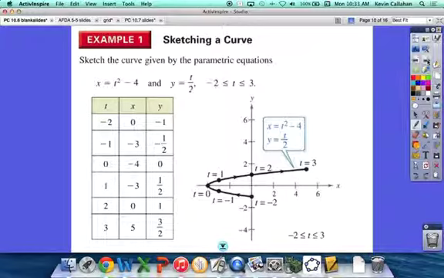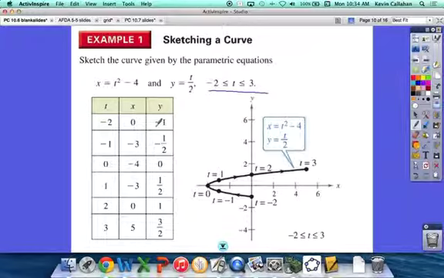Now, in this case, we've got x as a function of t, y as a function of t, and then what does this look like here? Domain. What always comes at the end of a statement like that? A domain statement, something that's telling us the values of t we're supposed to plug in, because now the independent variable is t. It's not x, it's t. X and y both depend on t.